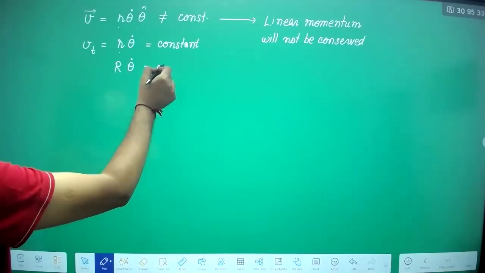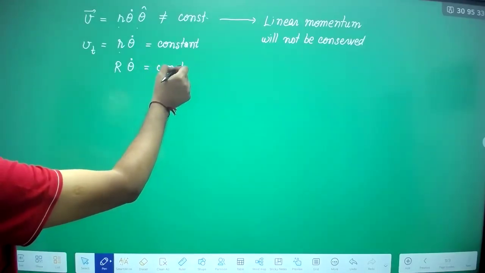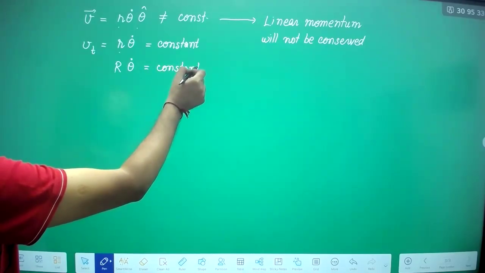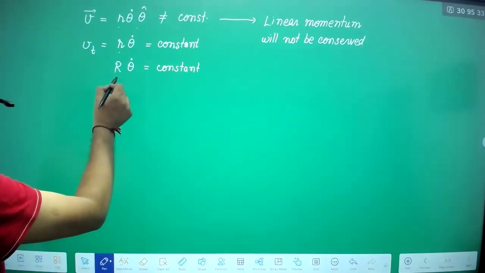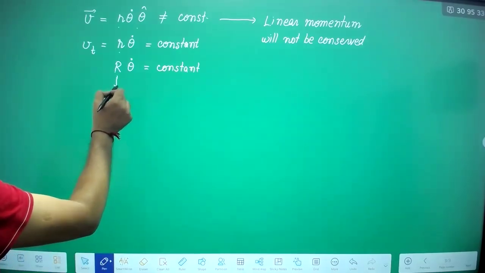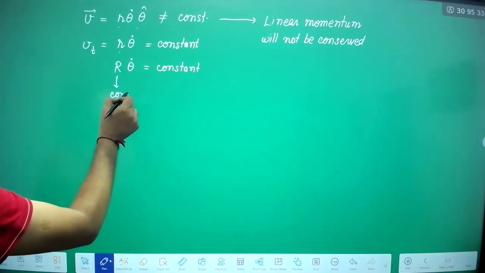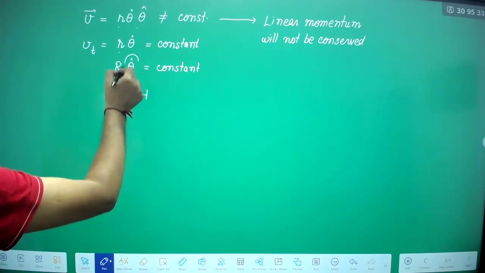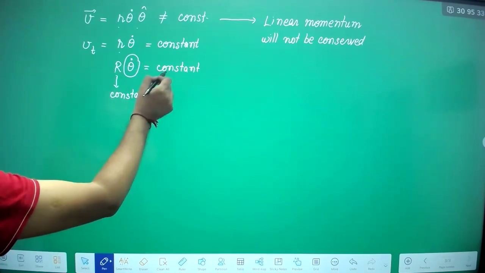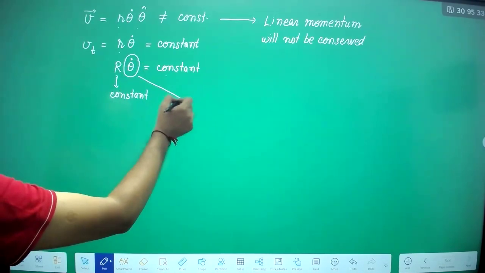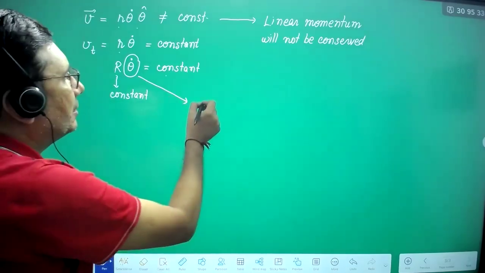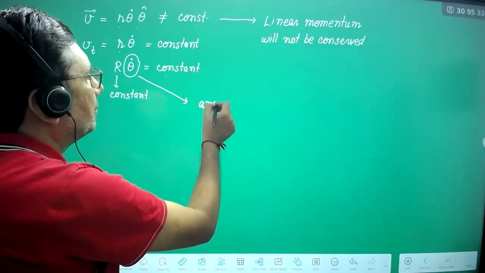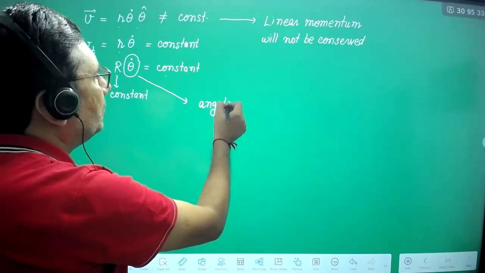And you are saying this is constant. So this capital R is a constant. Now, this R is also a constant. So what you get from here is, because R is constant and the right hand side is a constant, it means angular speed in this case.